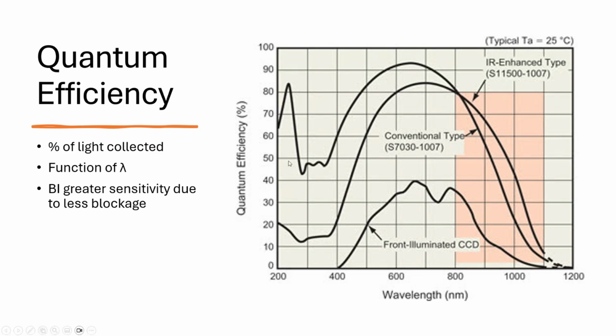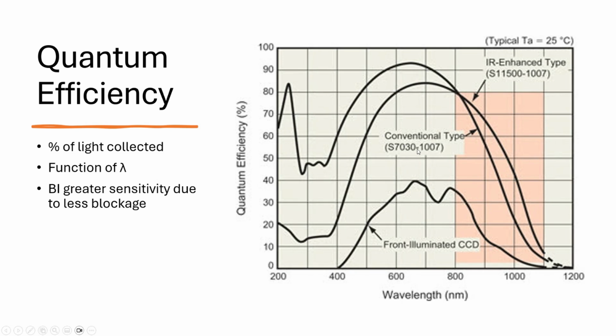So you can see that these curves are what is known as the spectral response. It is the quantum efficiency as a function of wavelength. What we have here is this bottom curve is a typical front illuminated CCD. These are two different types of back illuminated cameras.